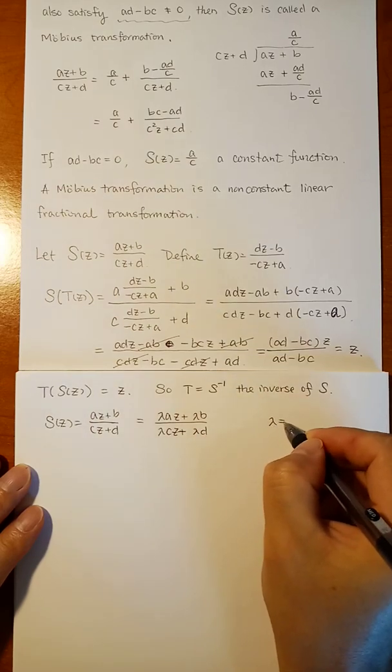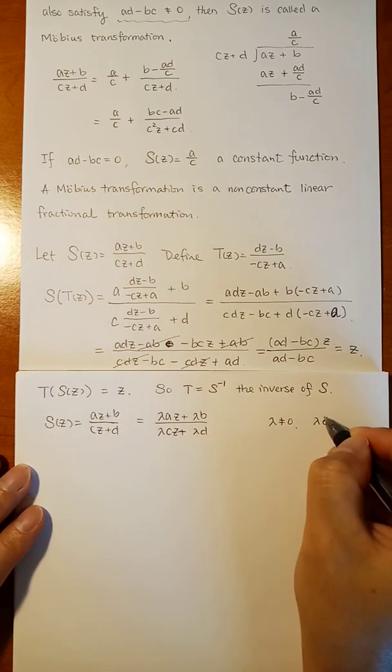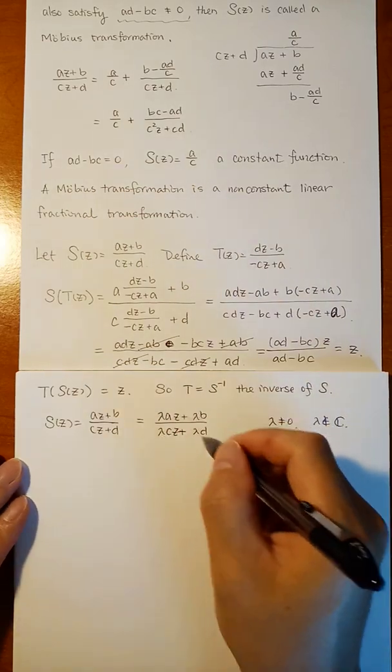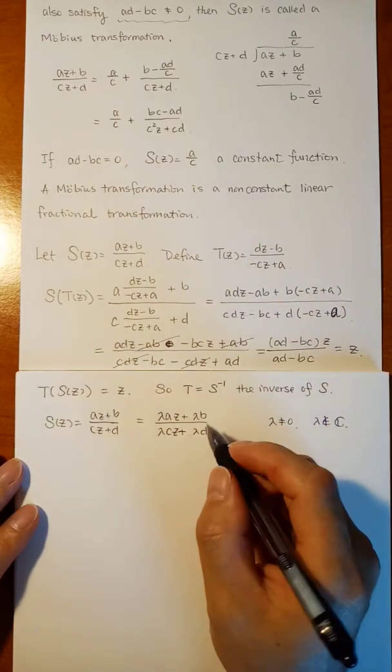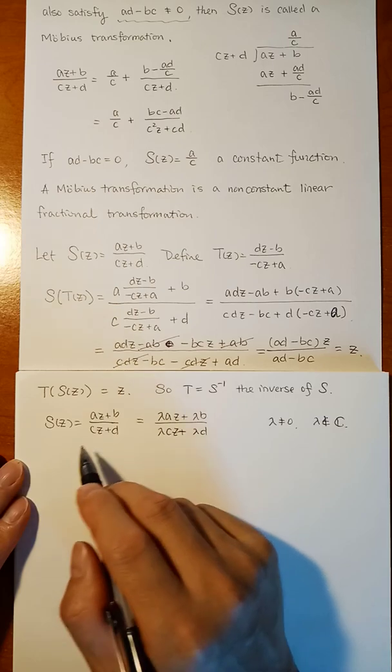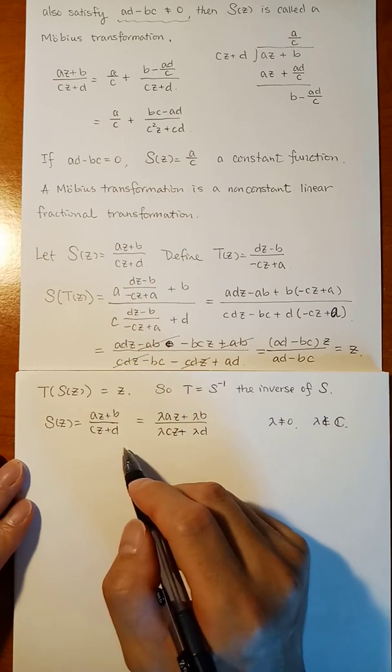For an arbitrary complex number lambda that is not zero, you will get the same Mobius transformation, or linear fractional transformation.